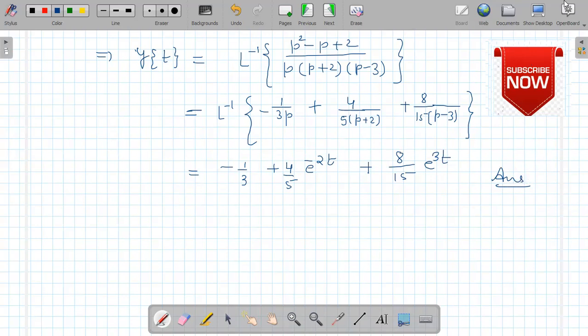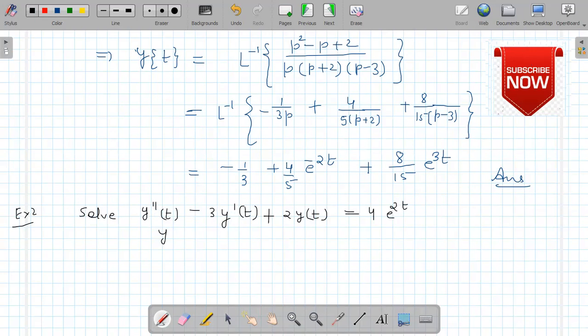Okay. Let us do one more problem. You can do it with me by yourself. So simultaneously you can also try the solution of this equation. y double dash t minus 3y dash t plus 2y(t) is equal to 4 e raised to the power 2t.